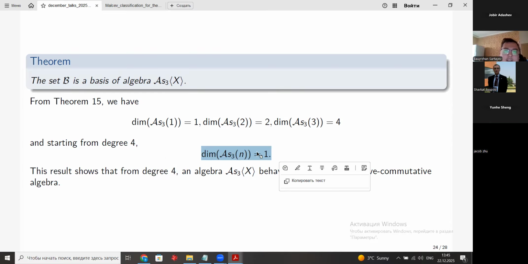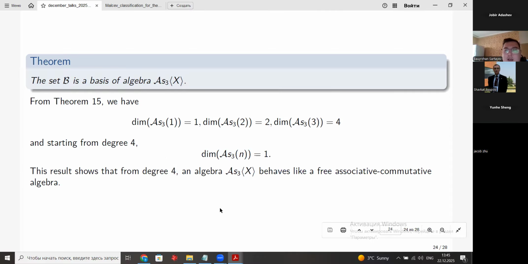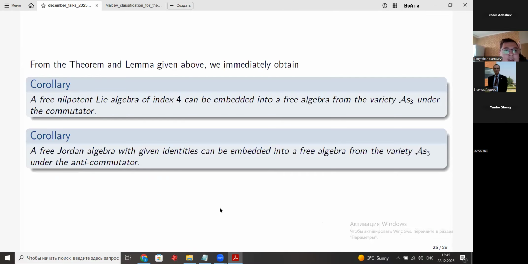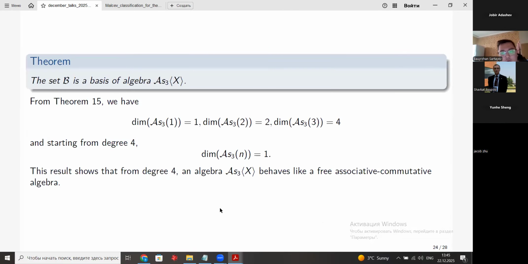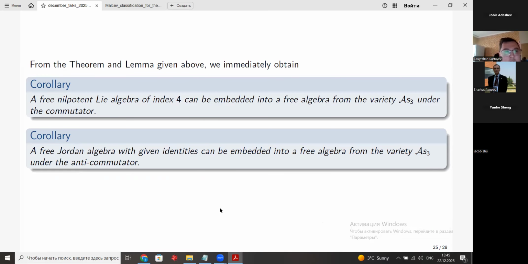And here also starting from degree 4, the dimension is 1. So we just described the free associative algebra of the third type. It's just a little corollaries.